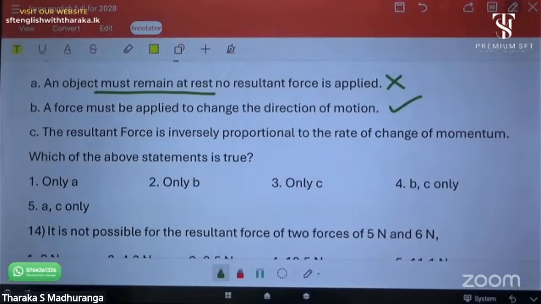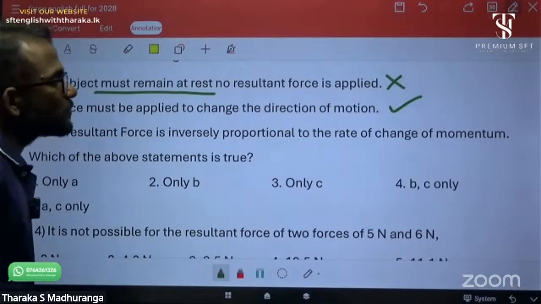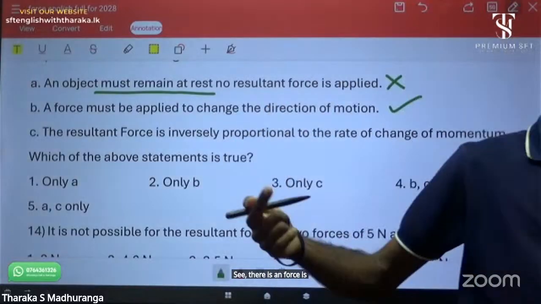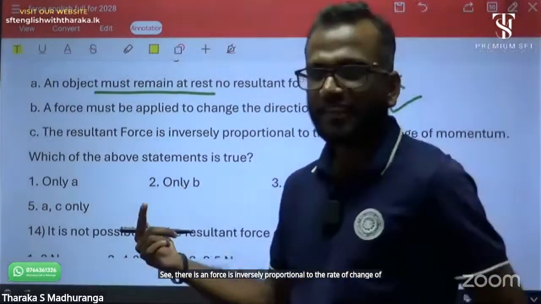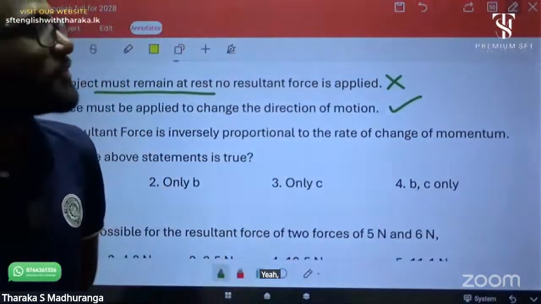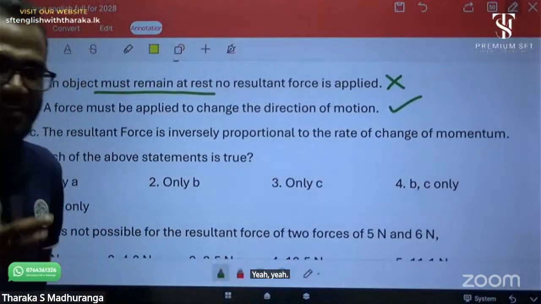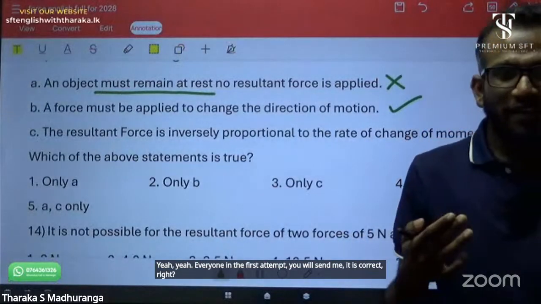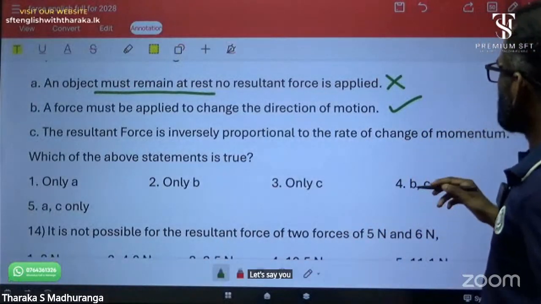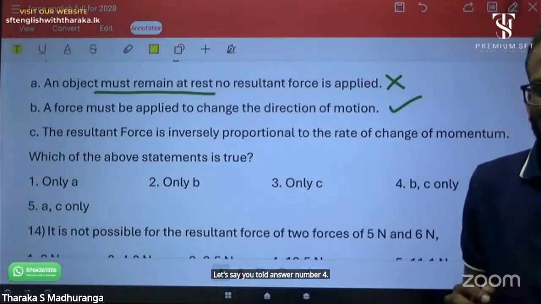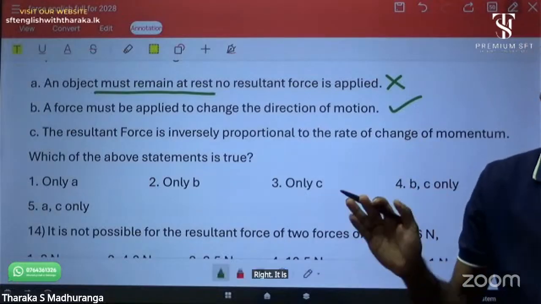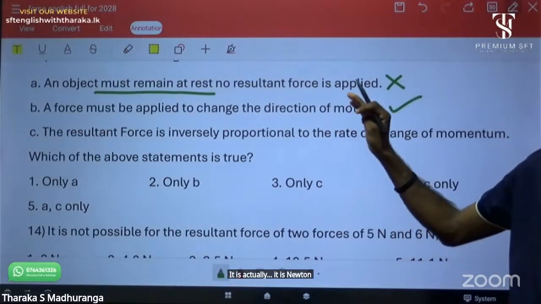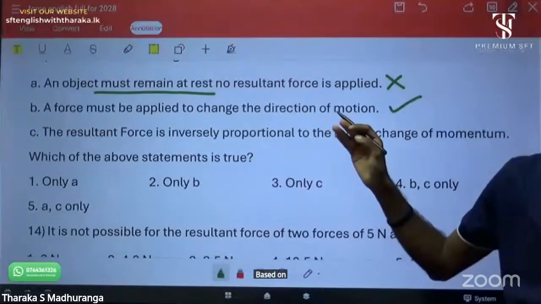See, the resultant force is inversely proportional to the rate of change of momentum. That's Newton's second law. Everyone in the first attempt, you all sent me it is correct, right? That's why you told answer number 4. It is wrong. It is Newton's second law based on the momentum method.